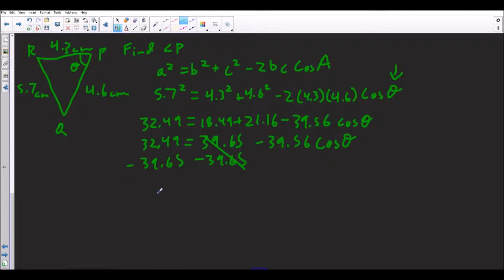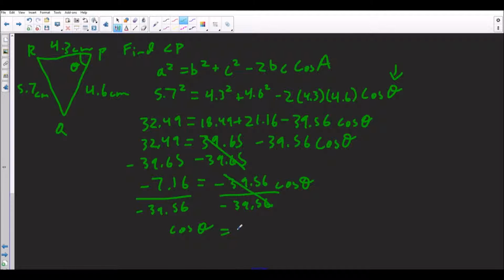So what we end up getting is negative 7.16 is equal to negative 39.56 cos theta. So we're going to divide by negative 39.56 on both sides. So then cos theta is going to equal negative 7.16 divided by negative 39.56.